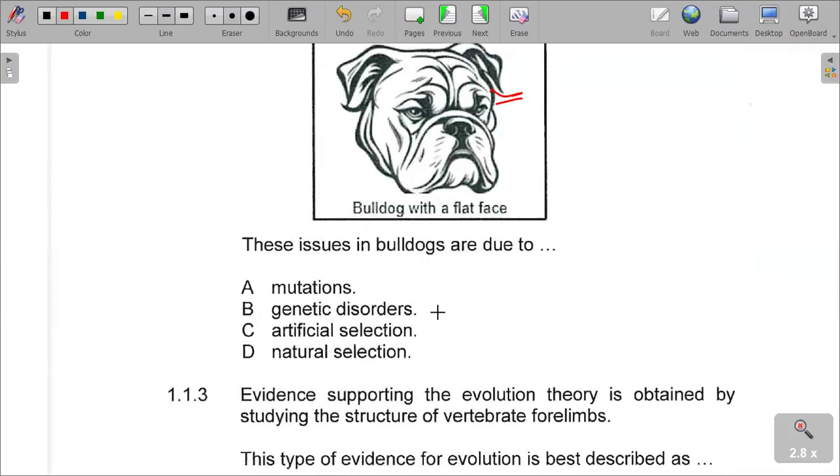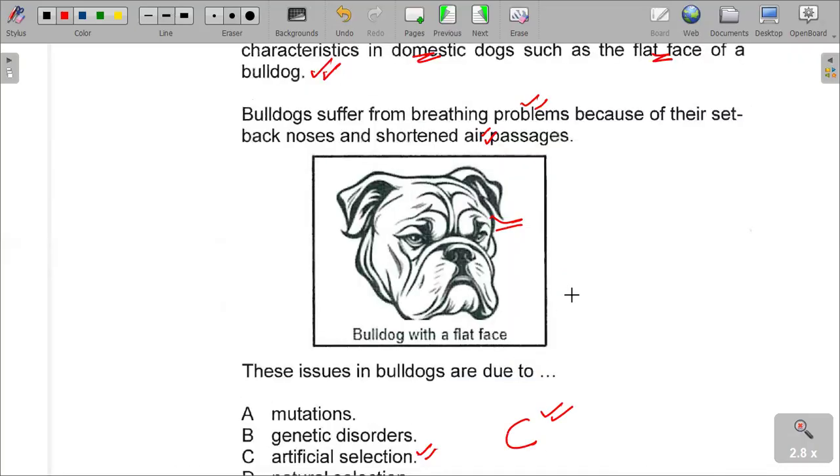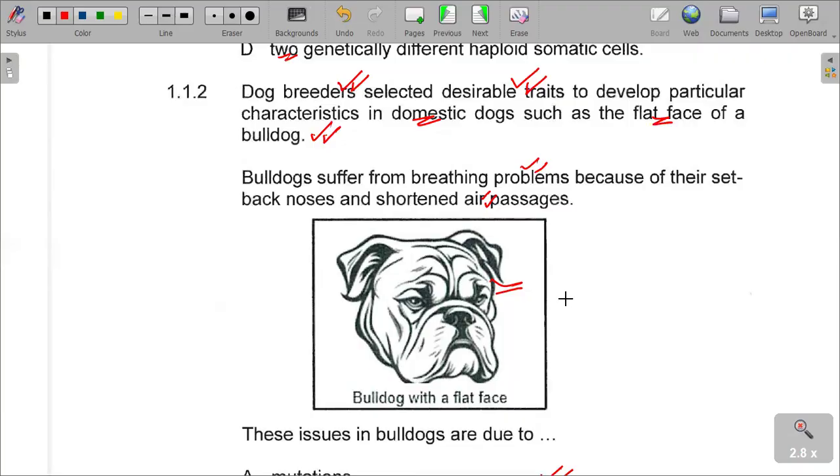It is due to artificial selection. Artificial selection is the reason why these dogs are like that. Please, class, take note of that. The answer is C. It is due to artificial selection because, as you have seen from what I've marked up there, these are desirable traits selected by dog breeders.